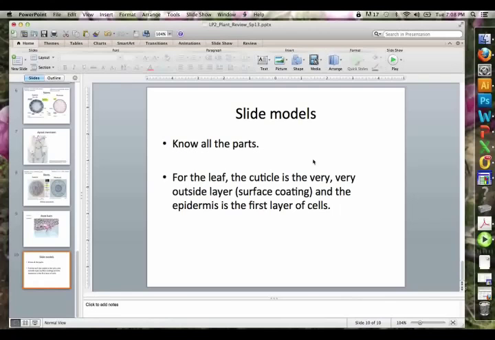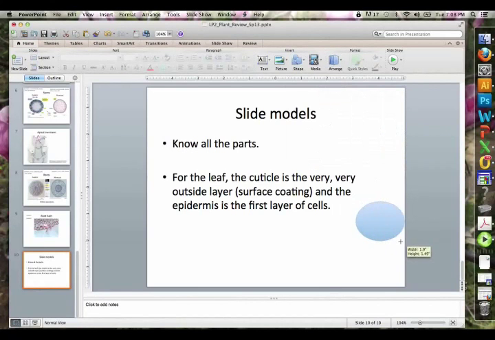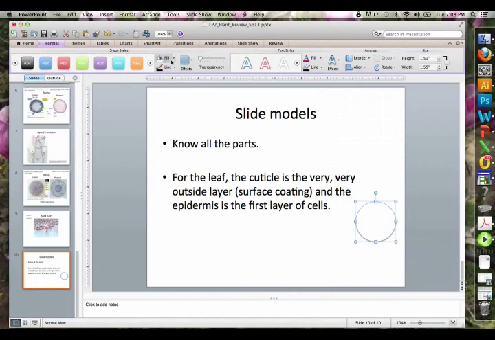So to know, like, okay, the very innermost is going to be what? And then the cork cambium, a bunch of circles. So the cork cambium is going to be here, let's say. And outside the cork cambium, so that's where the stem cells are in the stem.